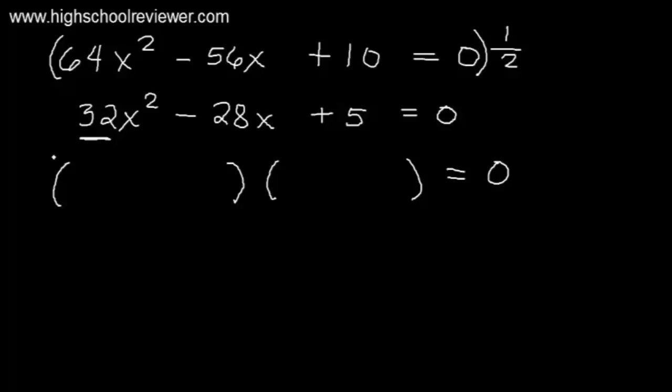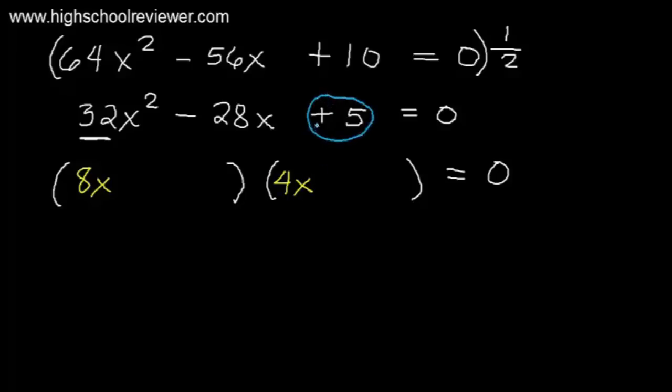Okay, let us use 8x and 4x. So we will have here 8x, and this will be multiplied by 4x. Okay, so 8 times 4 is 32. And then our third term is positive 5.